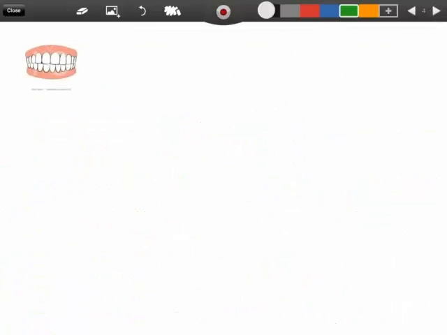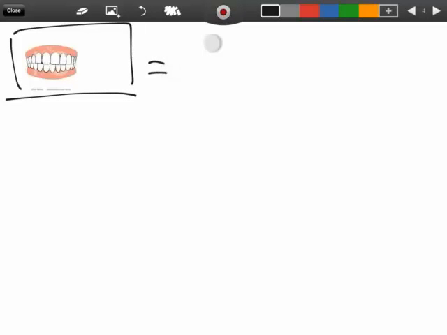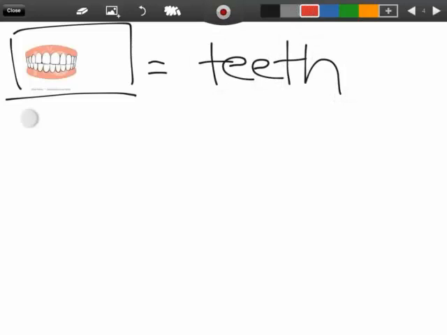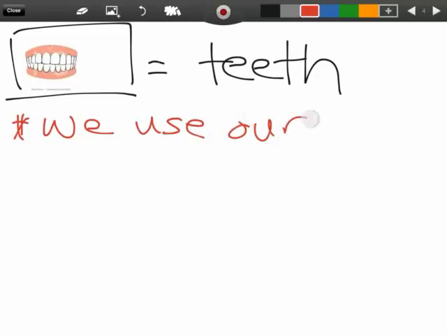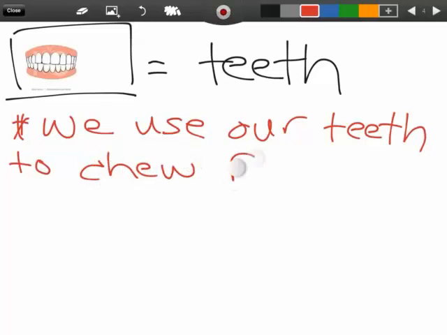Moving on to our next one. When we look at this, we see teeth. Sorry about that. Teeth. And what do we use our teeth for? Well, we use our teeth to chew food.